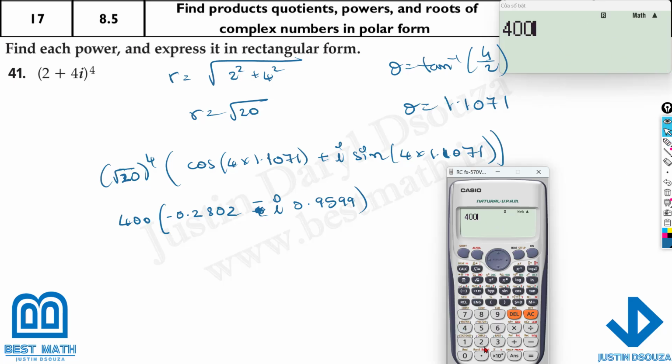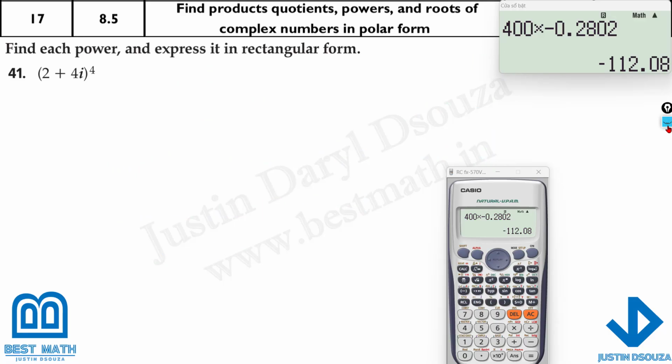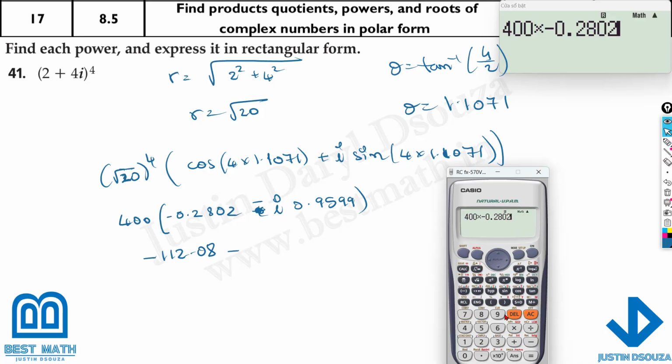So 400 times minus 0.2802, and the answer is minus 112.08. Minus again, 400 times over here, minus 0.9599. And what is the answer? It's 383.96.